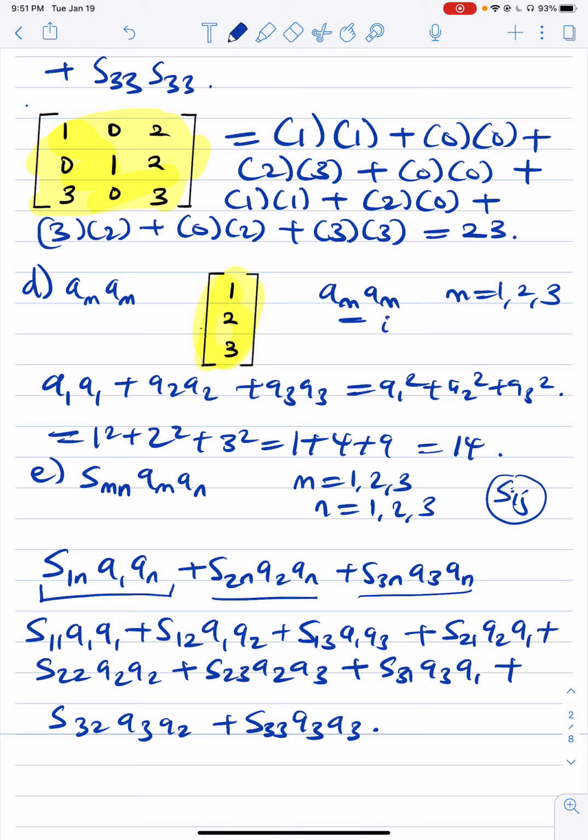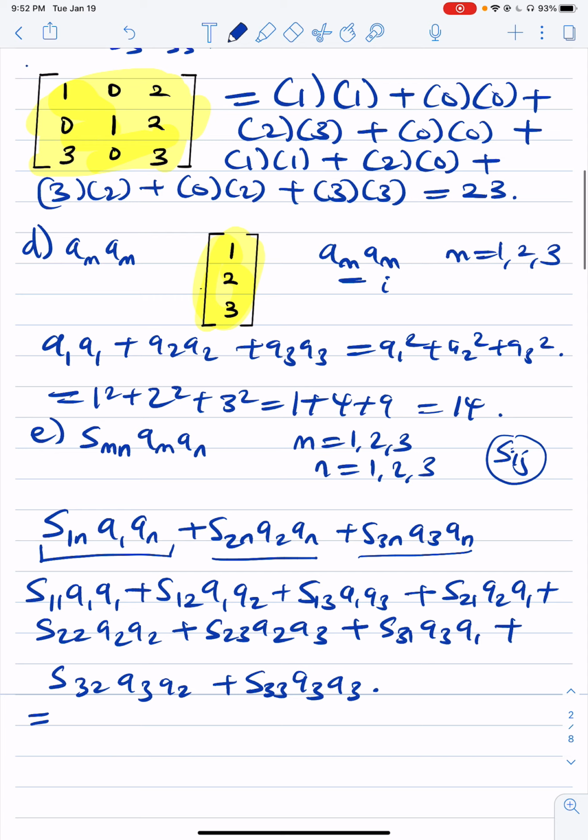So we're going to write out the expressions. We have 1, 2, 3, 4, 5, 6, 7, 8, 9 terms. These terms will be equal to S11. If you look at this, S11 is 1.